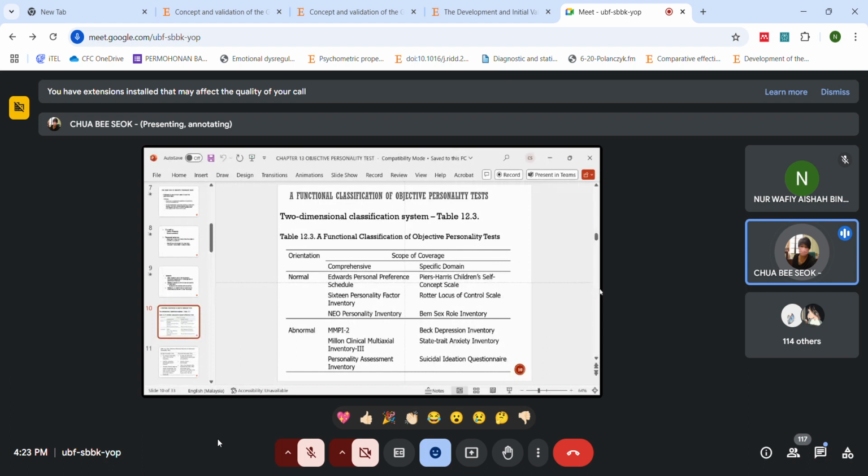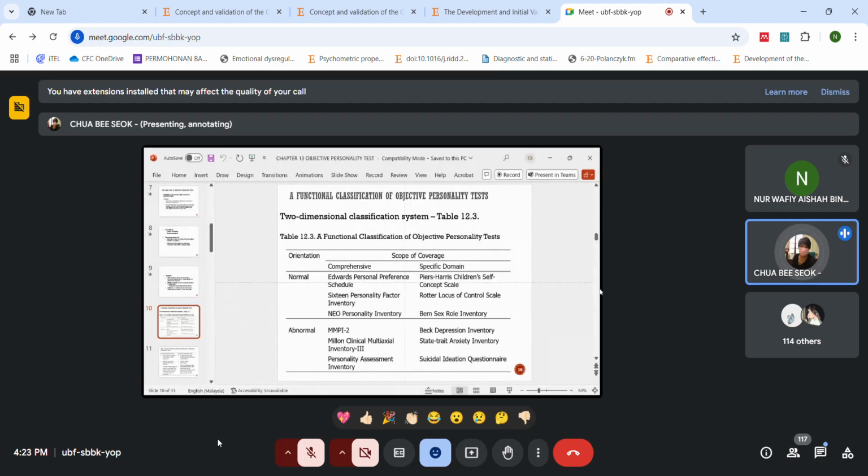Okay, and of course it is not limited to these three only. There are many normal and comprehensive personality tests. The 16 PF is the popular one, and the classic one also. Another one is the NEO Personality Inventory.